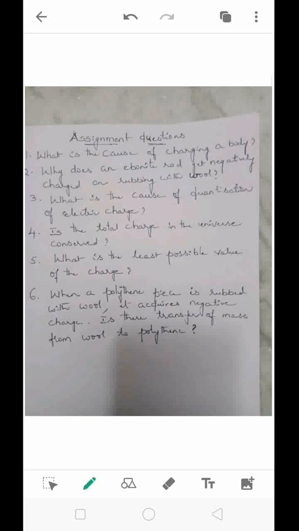Fourth one, is the total charge in the universe conserved? Fifth one, what is the least possible value of charge? Sixth one, when a polythene piece is rubbed with wool, it acquires negative charge. Is there any transfer of mass from wool to polythene? Please answer these questions.